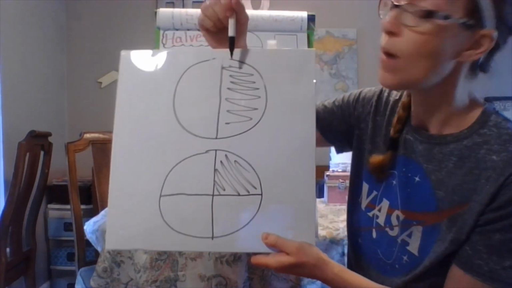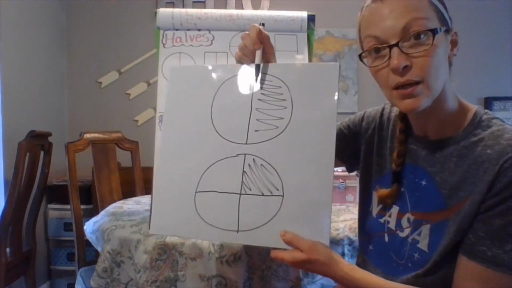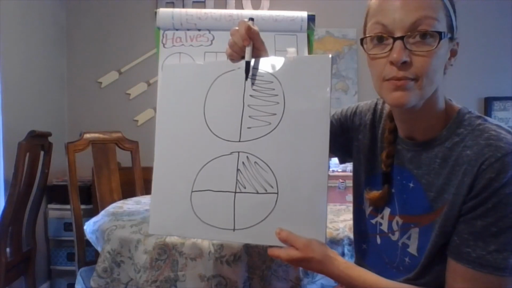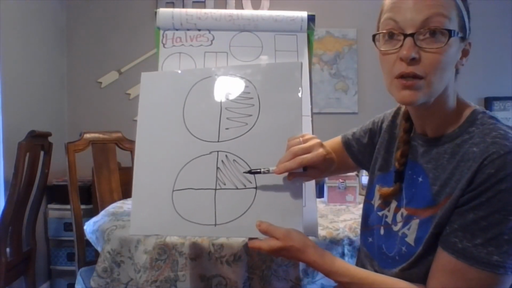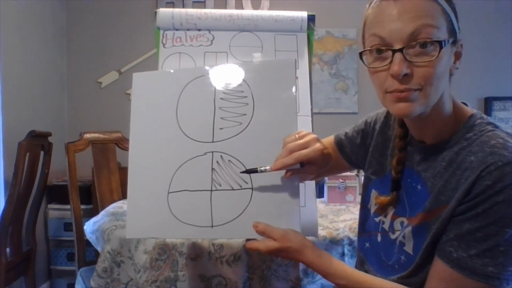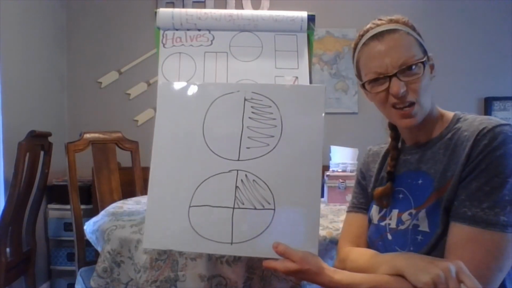Okay, if you would rather have half of this pizza, I want you to touch your nose. If you'd rather have a quarter of the pizza, I want you to touch your knees. A lot of nose touching.